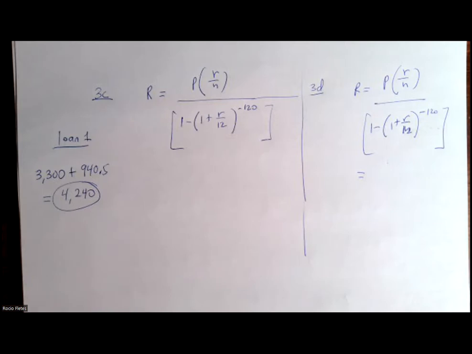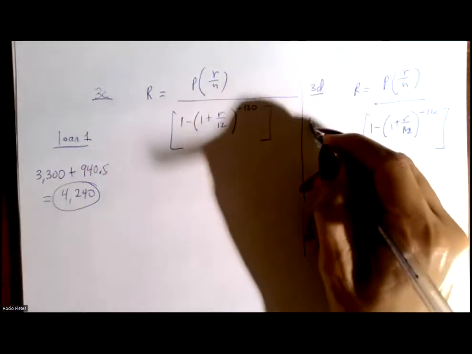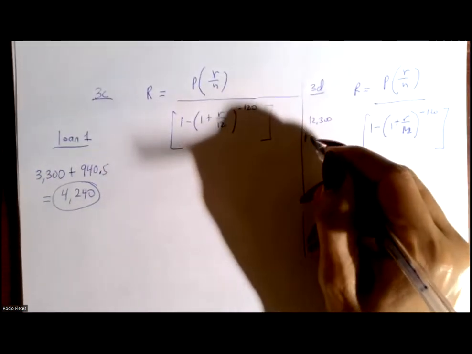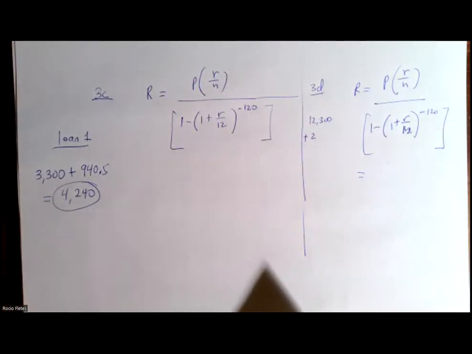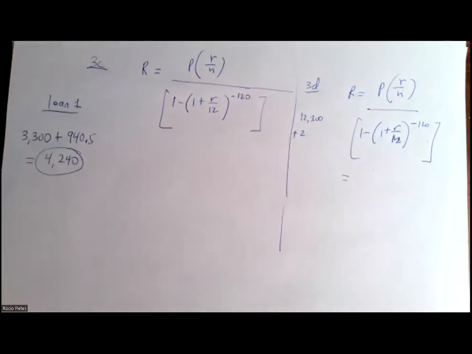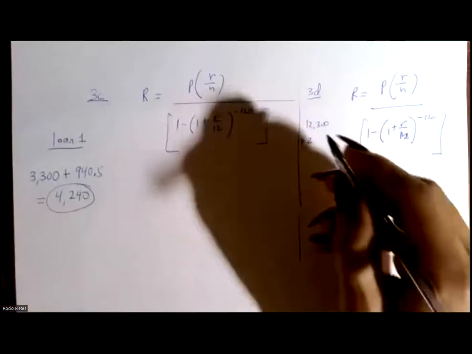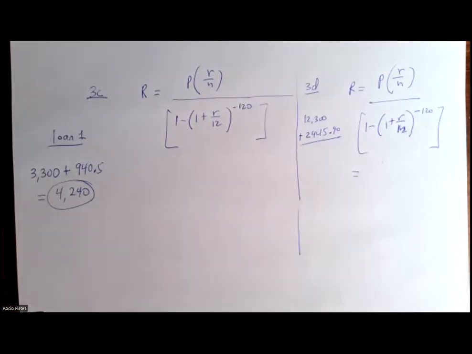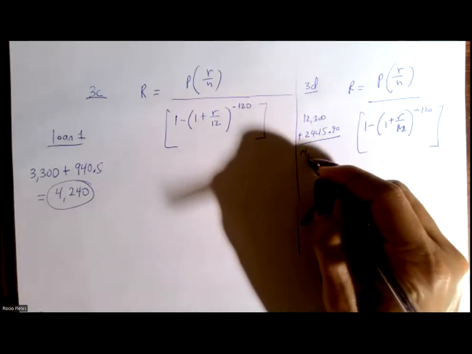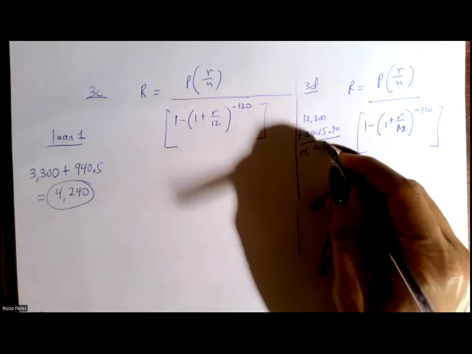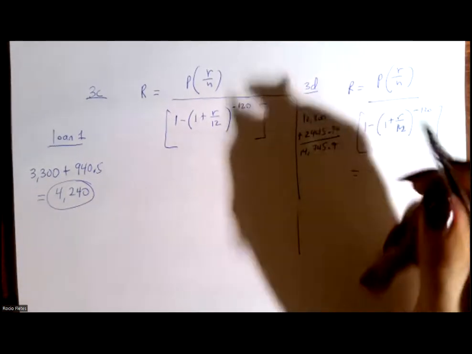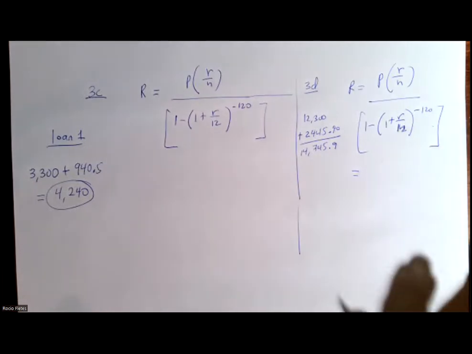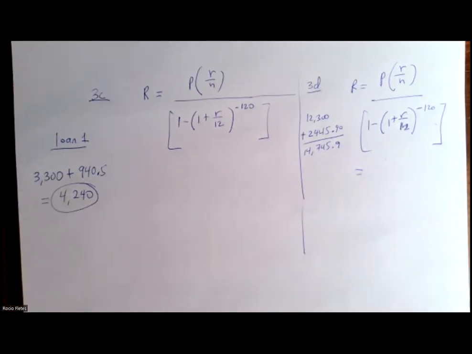So you add 12,300 plus 2,445.90. Adding that should give us 14,745.9. This is going to be the new principal. So make sure you use the right principal here.